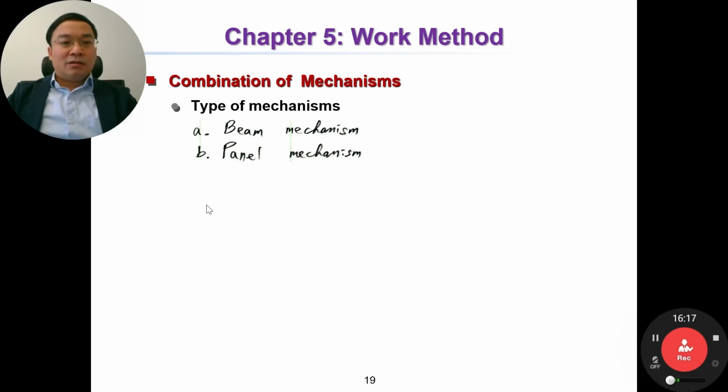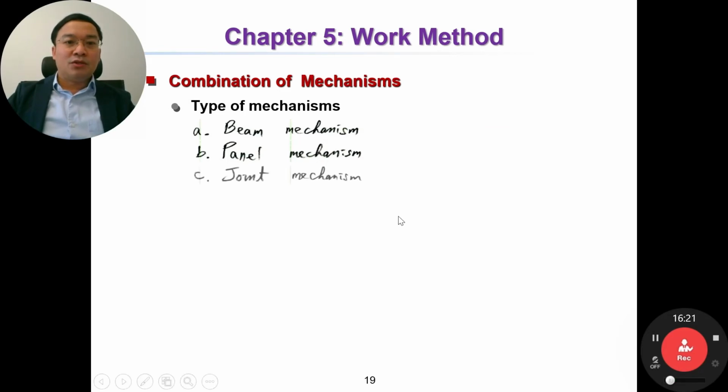The next mechanism type is the joint mechanism. What is the joint mechanism? If we have a joint like this, then the joint mechanism may be like this, with plastic hinges here, here, and here.